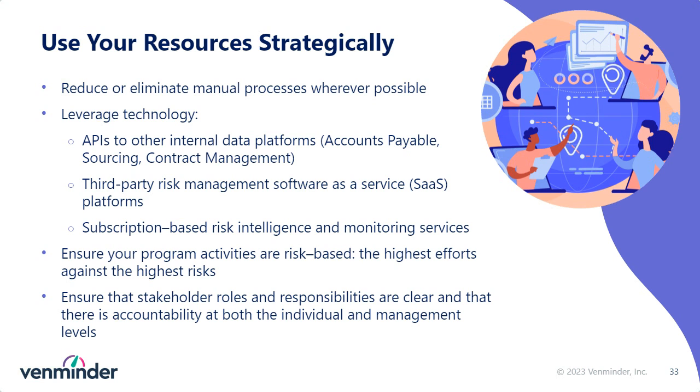So, reduce or eliminate manual processes whenever possible. Leverage technology resources. You might have tools in your organization already that you might not realize that you could take advantage of. Issues management, risk repositories, communication aspects. There's plenty to take a look at there. Vendor risk monitoring and alert services can be helpful.